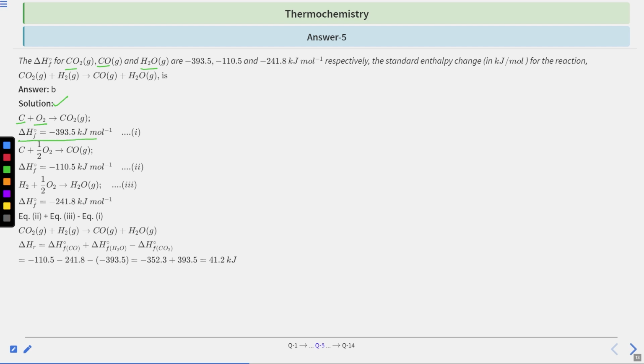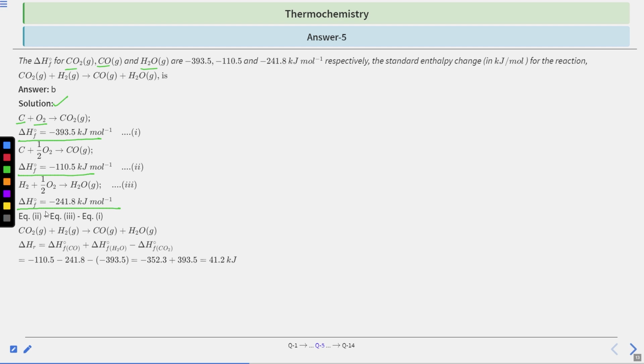This reaction has this enthalpy of formation. And for CO, C plus half of O2 will give you CO, carbon monoxide. This reaction has this standard enthalpy of formation. And for the formation of H2O, H2 plus half of O2 will give you H2O. So the standard enthalpy of formation for this is this. And we are considering these equations first, second and third.